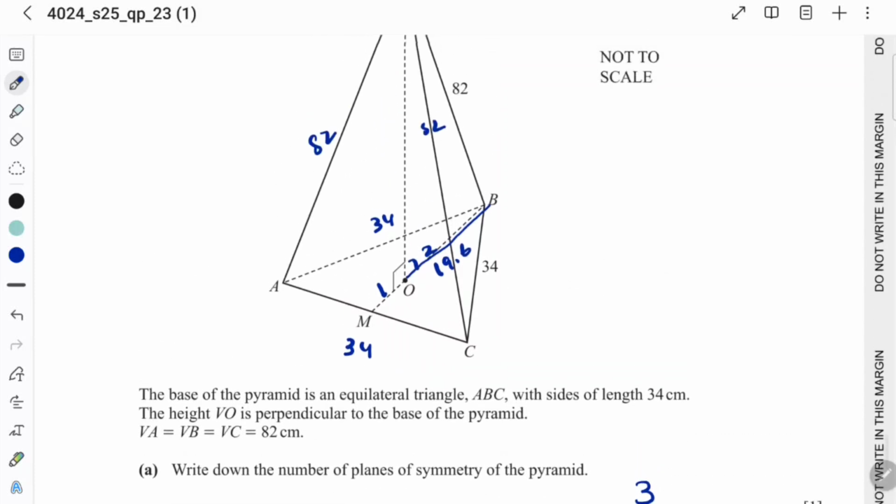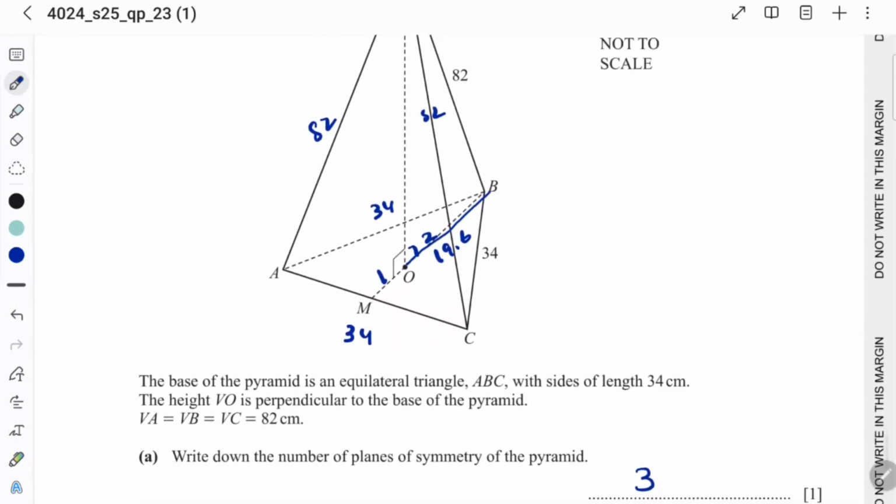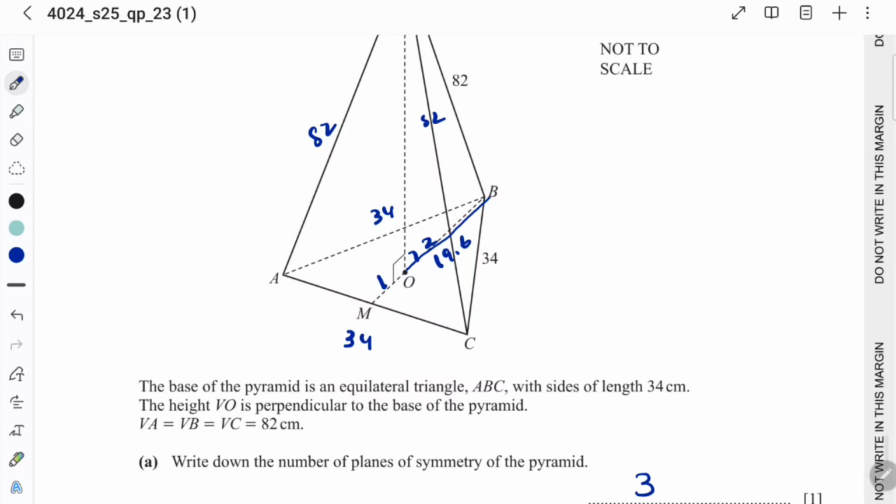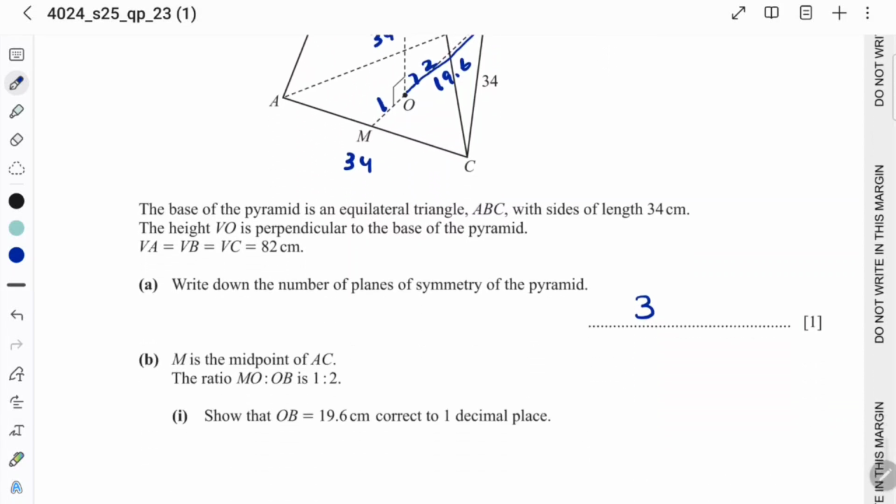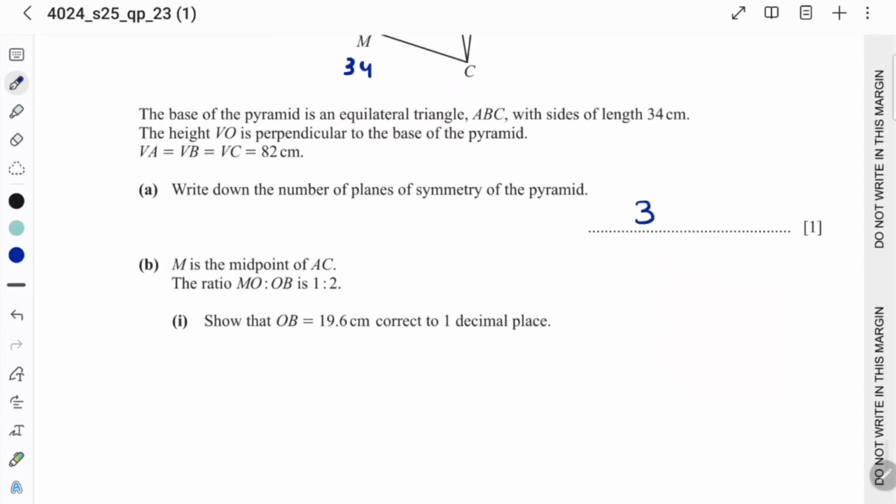Wherever this is 90 degrees, we have to show this is 19.6. For that, we know that in this question all the sides are equal and all angles are also equal. Each angle will be equal to 60 degrees. Now I'm going to draw the diagram.